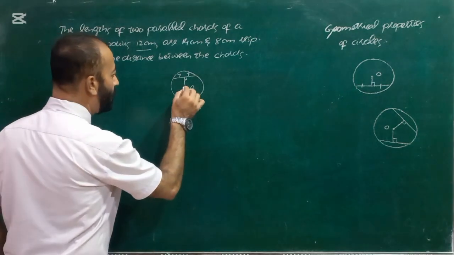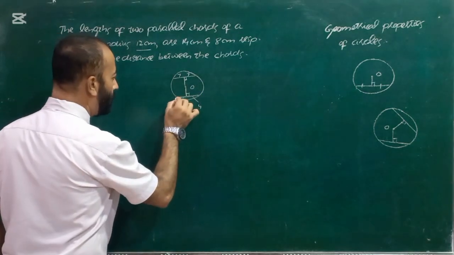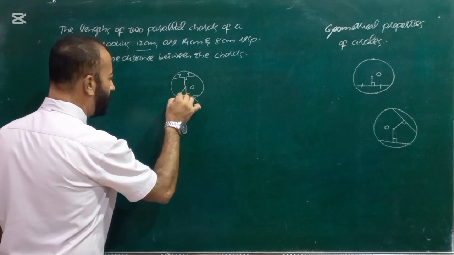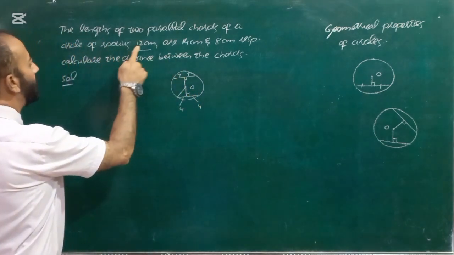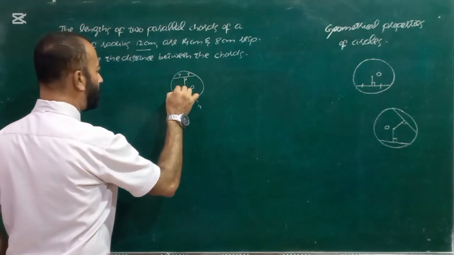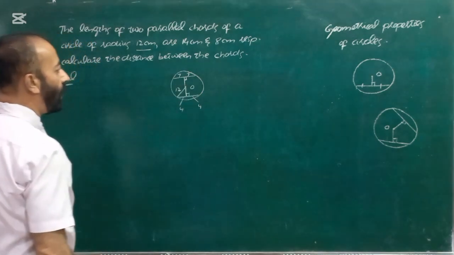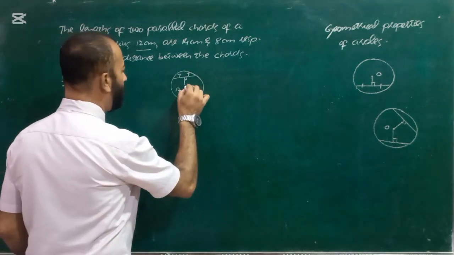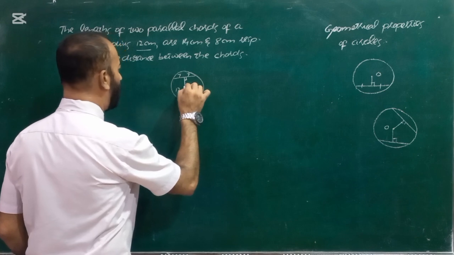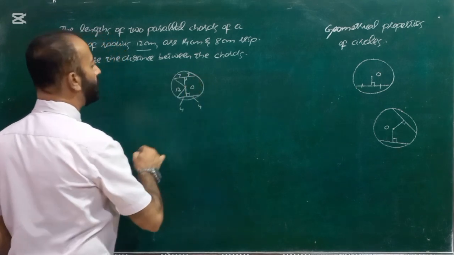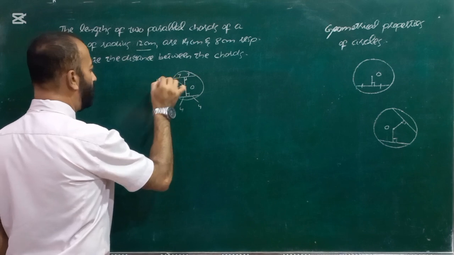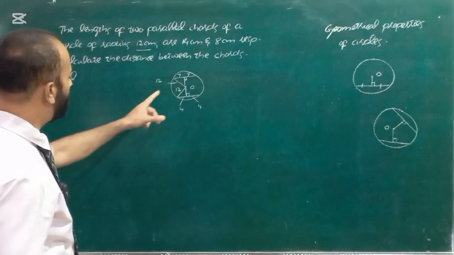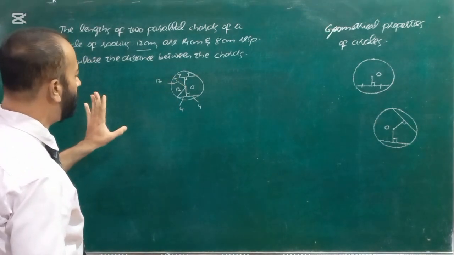If we join O to this point, definitely this will be the radius, and the radius of the circle is given 12. And if we join the origin to this point, this will also be the radius, 12.